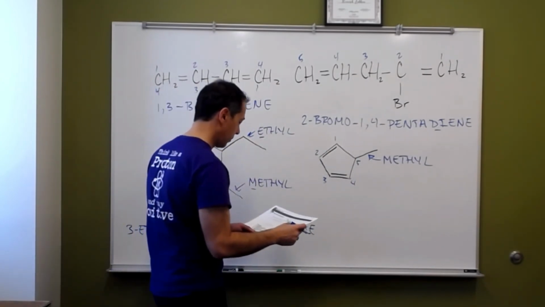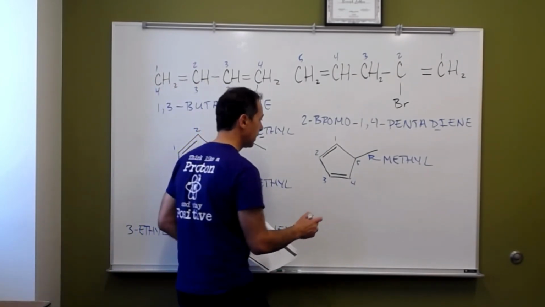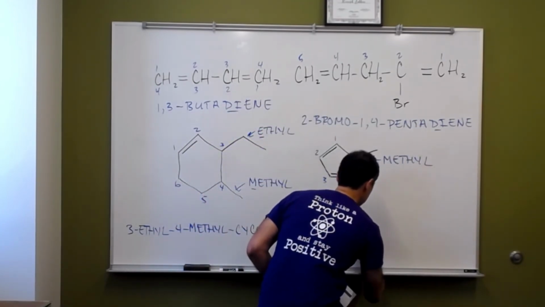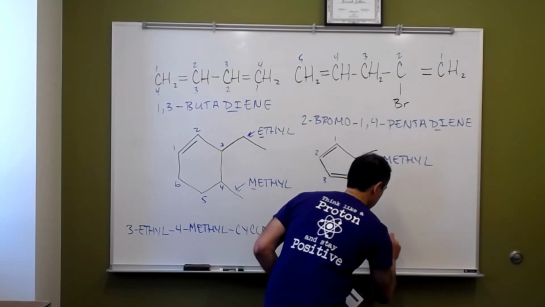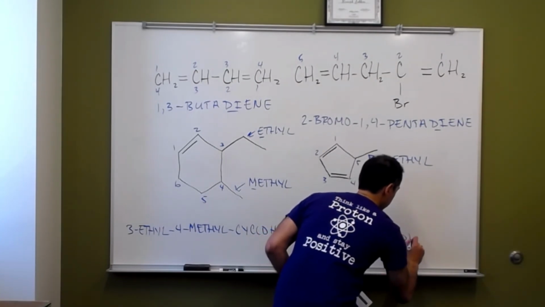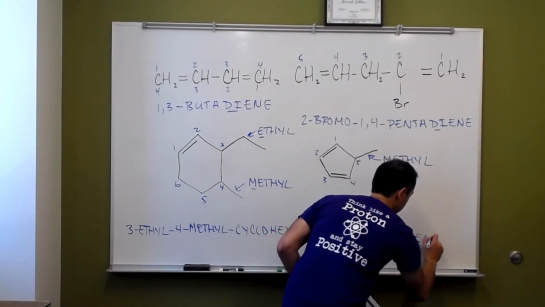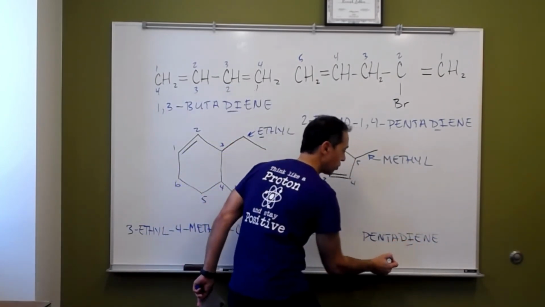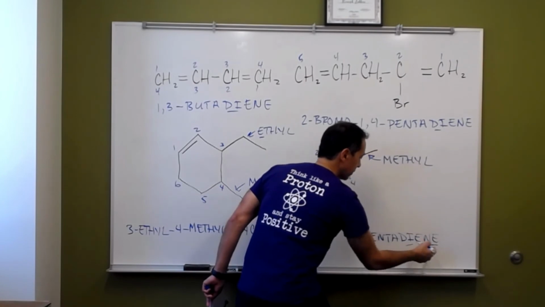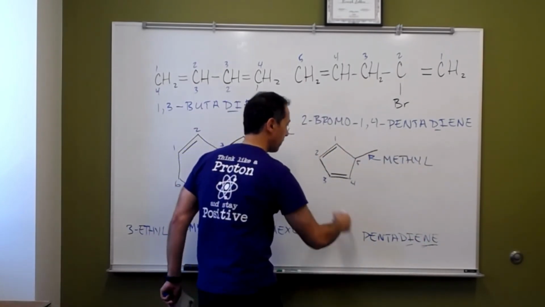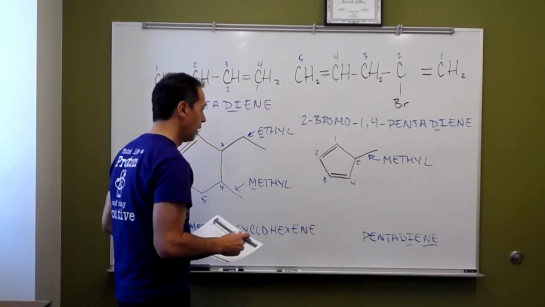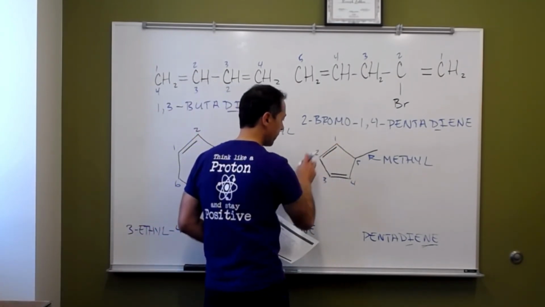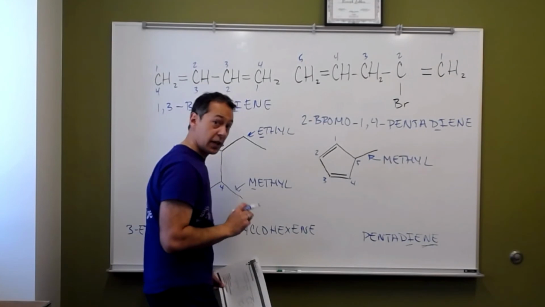Now, let's see. We've got a pentadiene. Pentadiene. So di means that there's 2 enes, 2 double bonds. Penta meaning 5 carbon atoms. And let's show where those double bonds are. They're after the first and the third carbon atom.